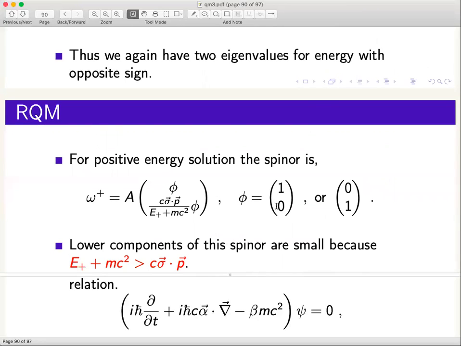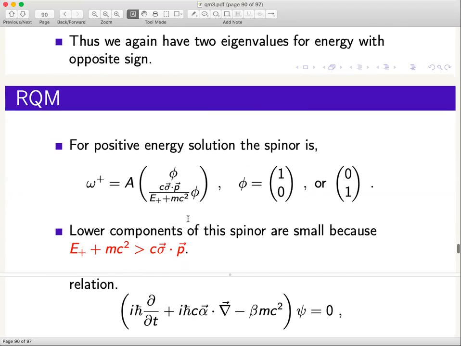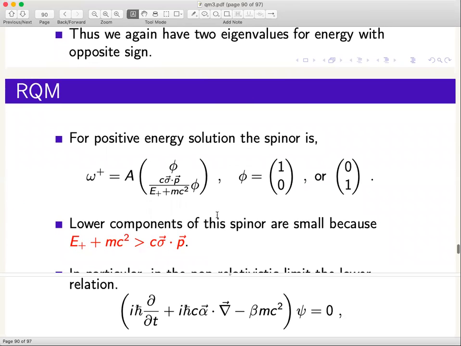Now notice that the lower component is also (1, 0) or (0, 1), but it is multiplied by sigma dot p upon E plus plus mc squared. For positive energy, E plus mc squared is always greater than sigma dot p. So this component is smaller than 1. If the upper component is proportional to 1, the lower component is smaller compared to that.